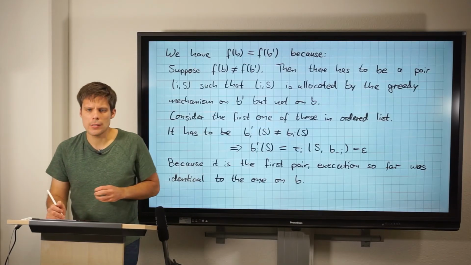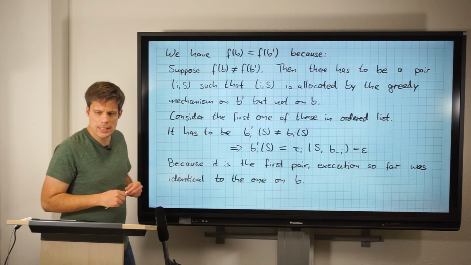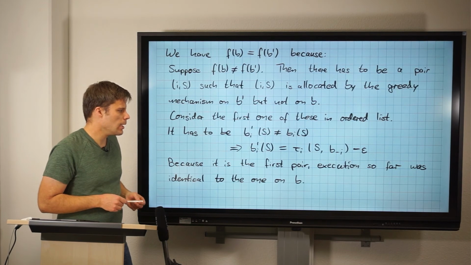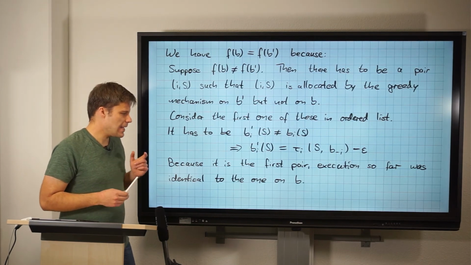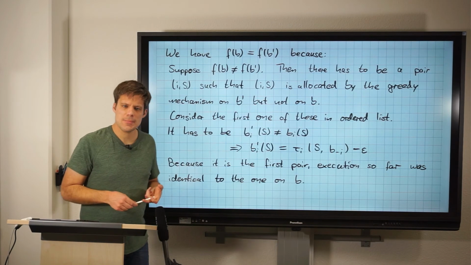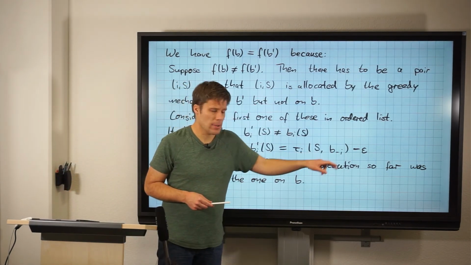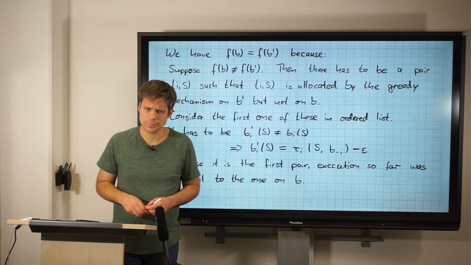And what do I know about getting set S in b? Will bidder i get set S when everybody's bidding b with a bid of tau_i of S, b minus i, minus epsilon?